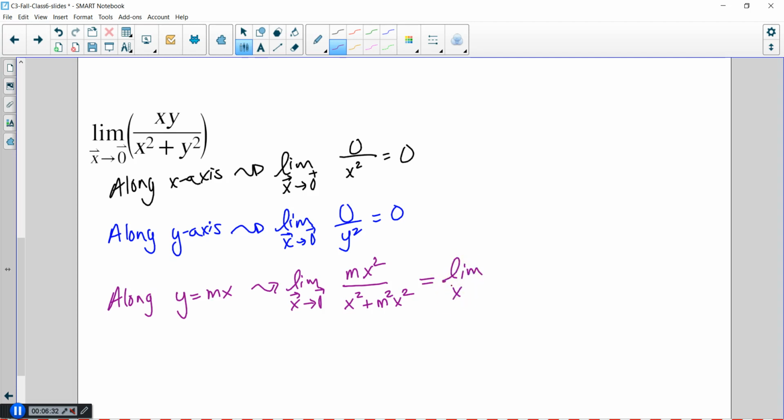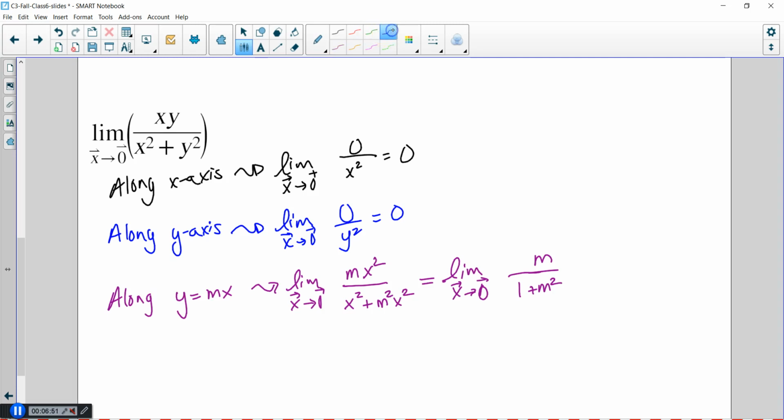Let's see, limit as vector x approaches the zero vector. Okay, and I get m over m squared, or m plus 1 over m squared. Well, if m is 0, this is fine, right? But then I just get along the x-axis.